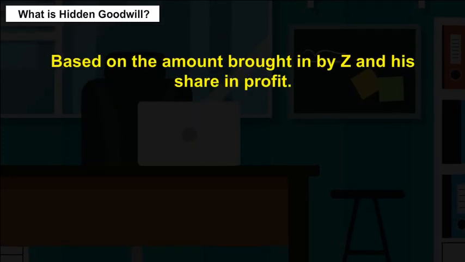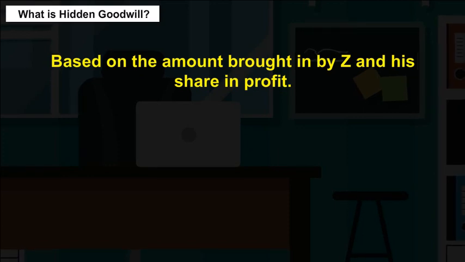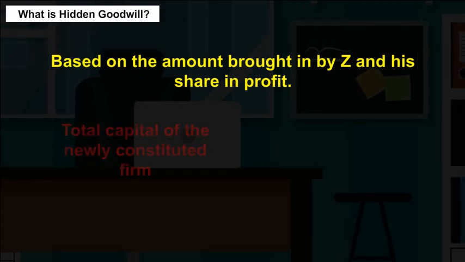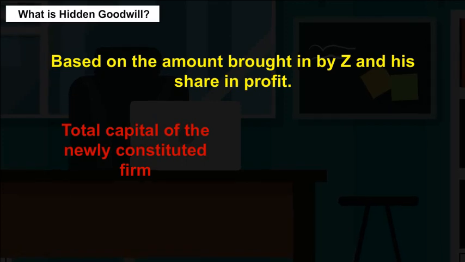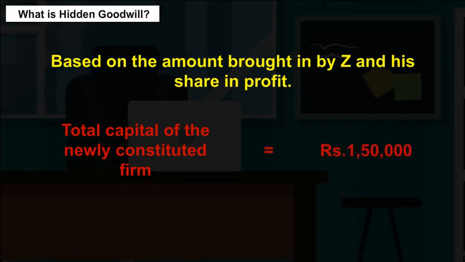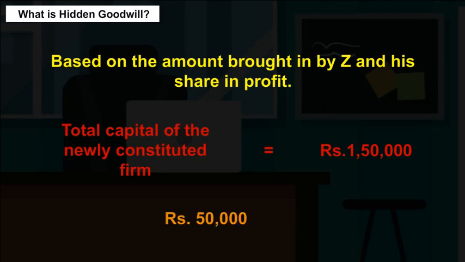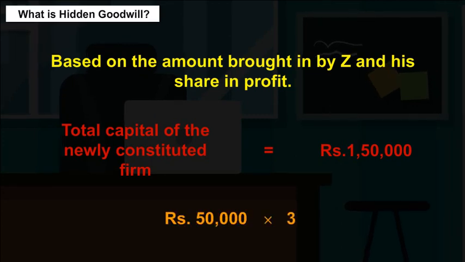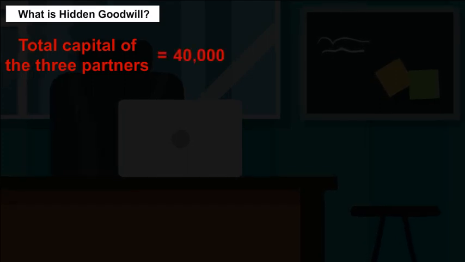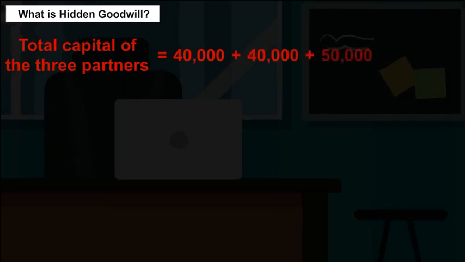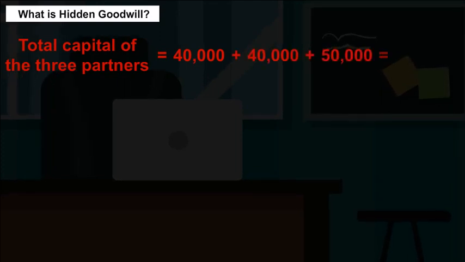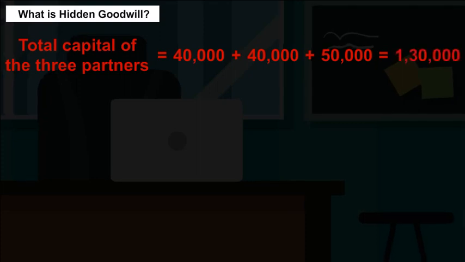Based on the amount brought in by Z and his share in profit, the total capital of the newly constituted firm works out to be 1,50,000 rupees, that is, rupees 50,000 multiplied by 3. But the total capital of the three partners comes out to be 40,000 plus 40,000 plus 50,000, which is equal to 1,30,000.